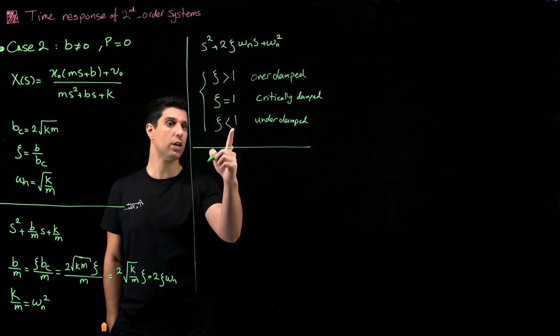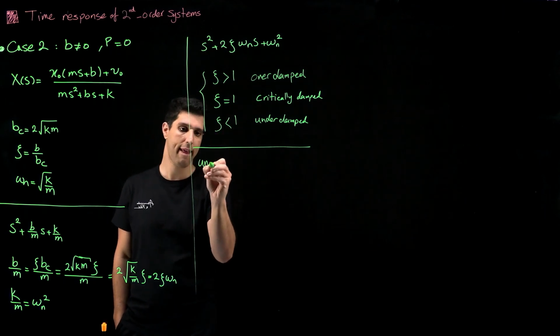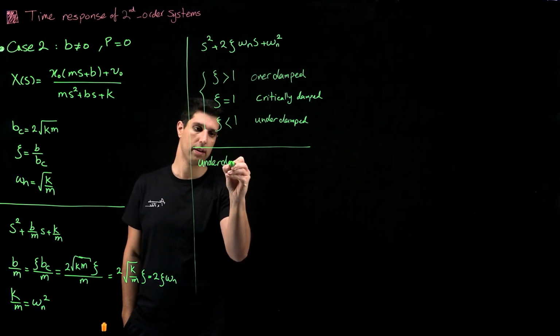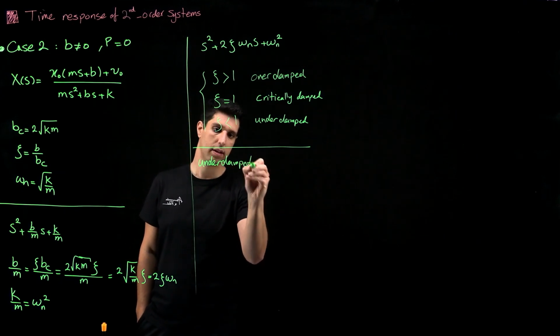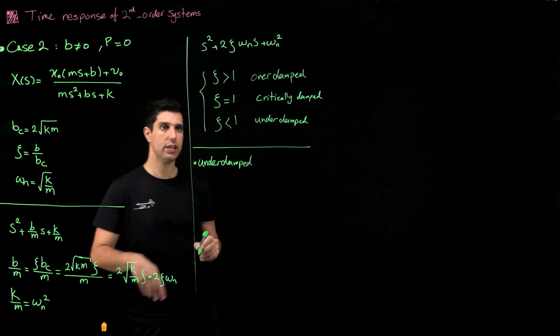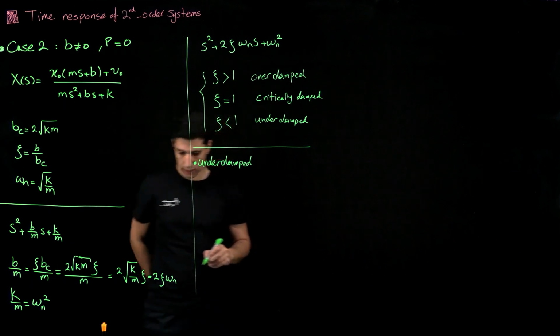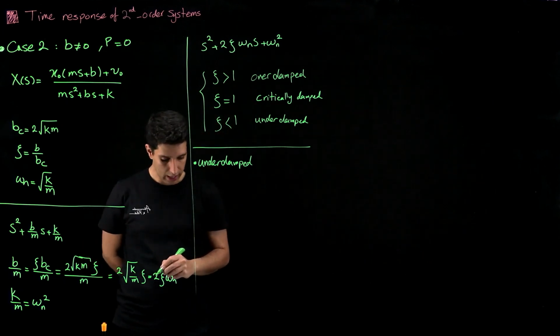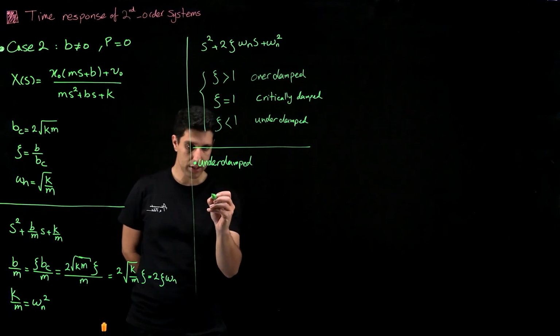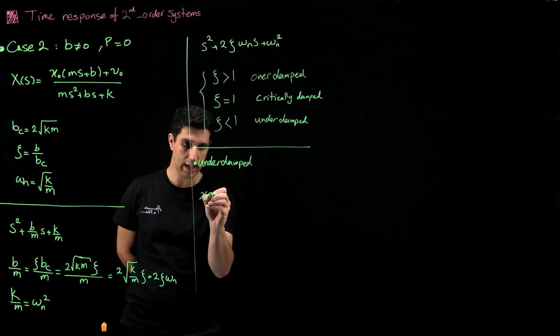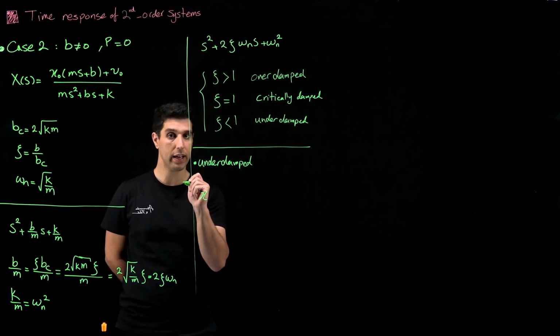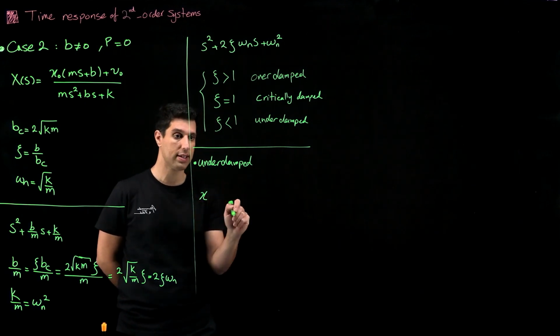So let's start with underdamped. In this case, I will have two complex conjugate poles with negative real parts, and it is expected that in the end my response is going to look like an exponentially decayed oscillation.